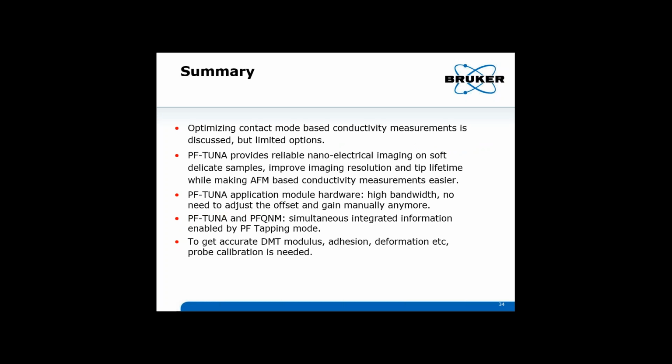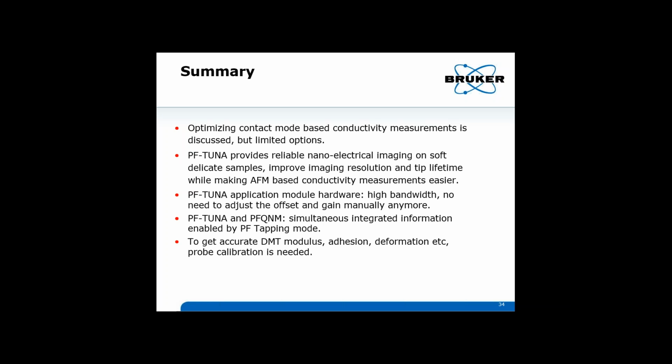As a summary, in this webinar, we discussed optimizing contact mode-based conductivity measurement, but there are limited options. Alternatively, PF tuner provides reliable nanoelectrical imaging on soft, delicate samples, improves imaging resolution and tip lifetime, while making AFM-based conductivity measurement easier. In terms of the PF tuner application module hardware, it has high bandwidth, no need to adjust offset gain manually anymore.